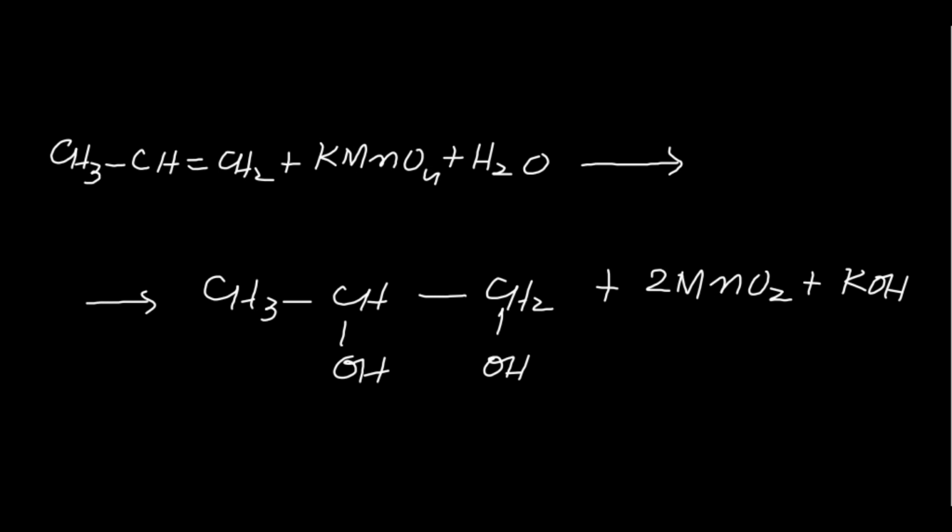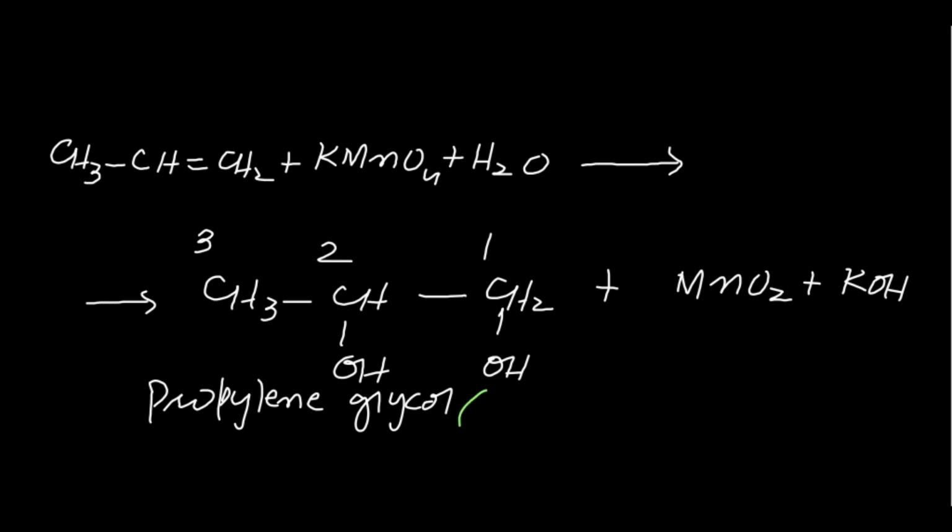This product which is formed is known as propylene glycol. The product which is formed is known as propylene glycol. Or numbering 1, 2, 3, it is 1,2-propane-diol.